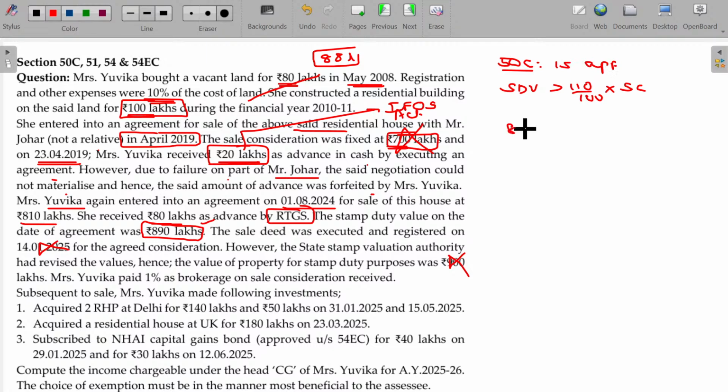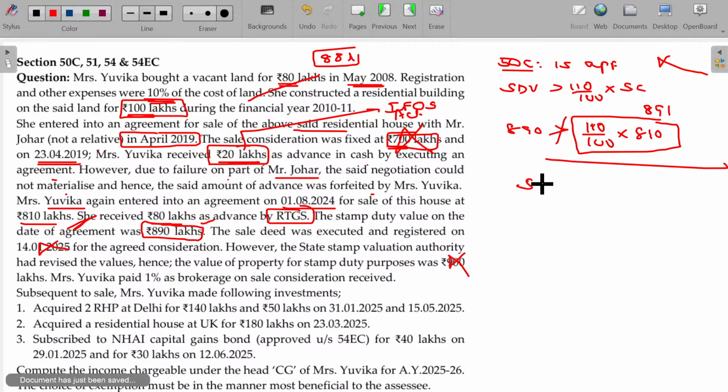Now stamp duty value being 890, and what about this value, 810? 110% of 810, what is the value? 891. Hence it is not more, so 50C is not applicable. Then sale consideration being 810, you can take only 810.